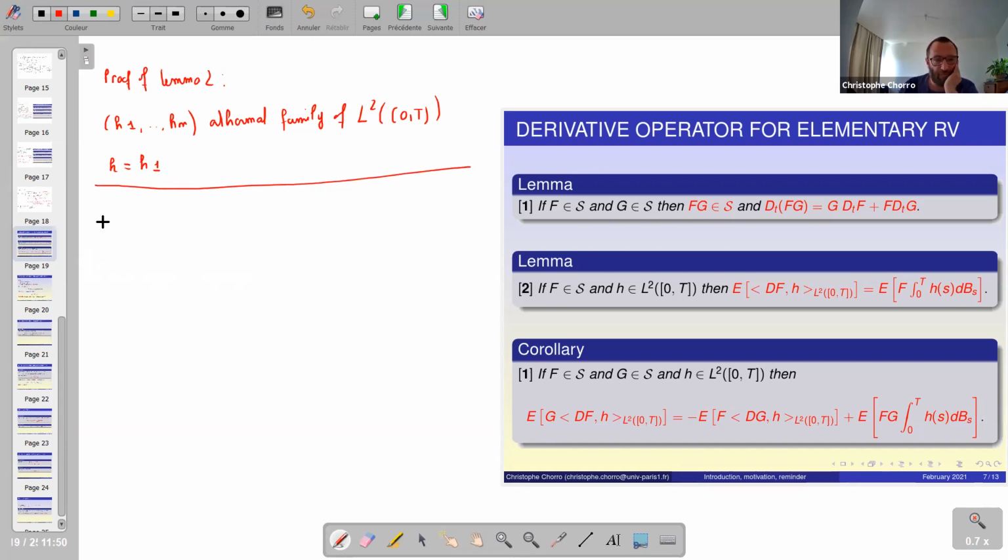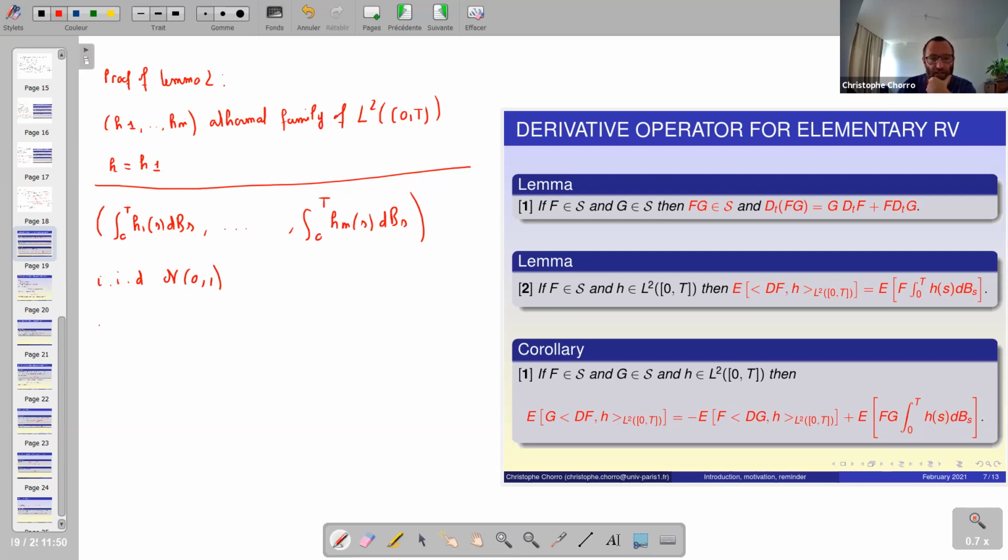If I do the proof, I can remark that since I have an orthonormal family here, I have n Wiener integrals corresponding to elements in L2 that are orthogonal with norm 1. So you have here i.i.d. N(0,1).